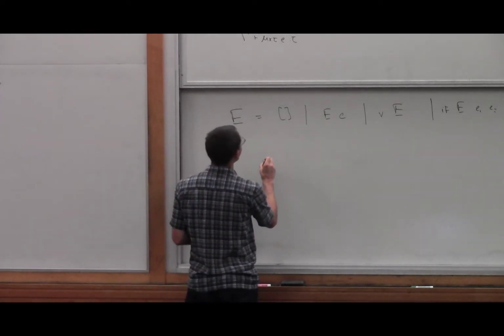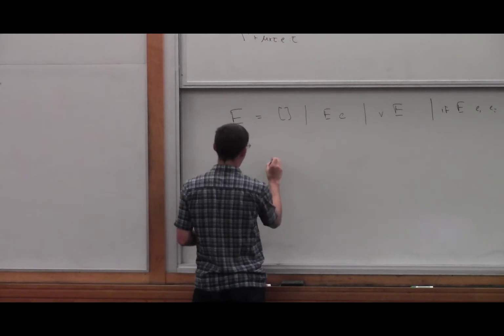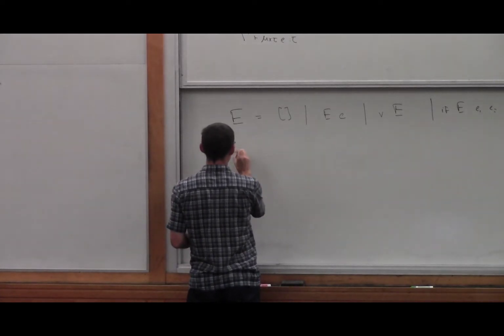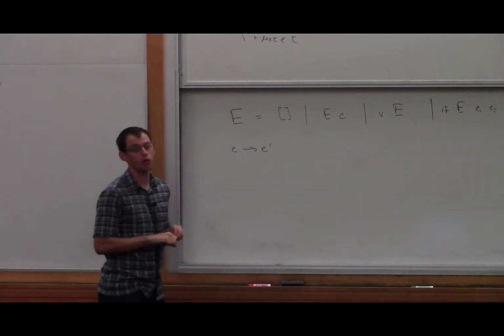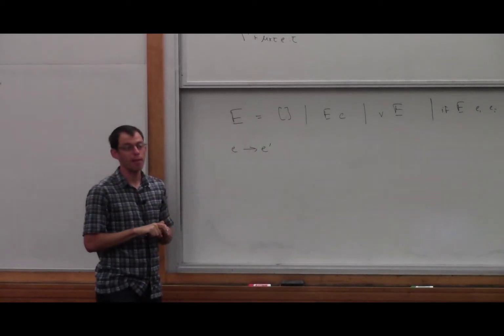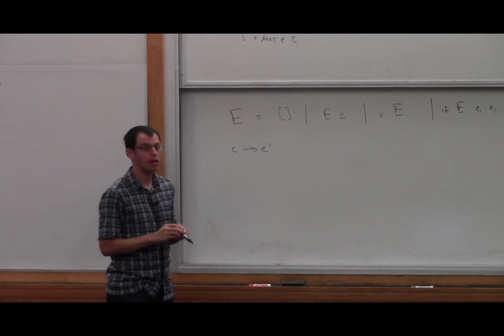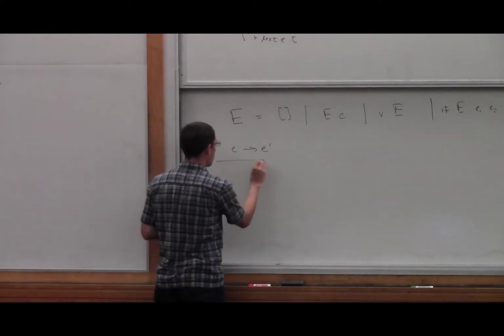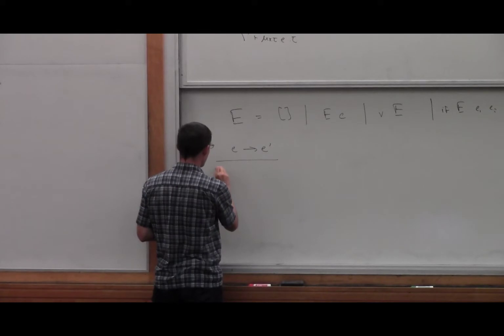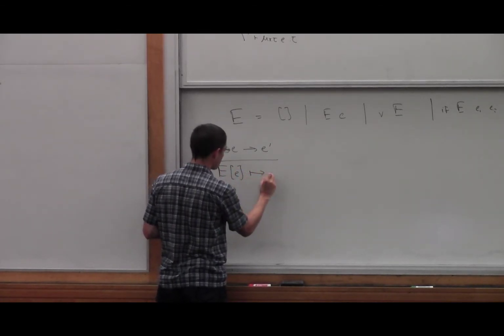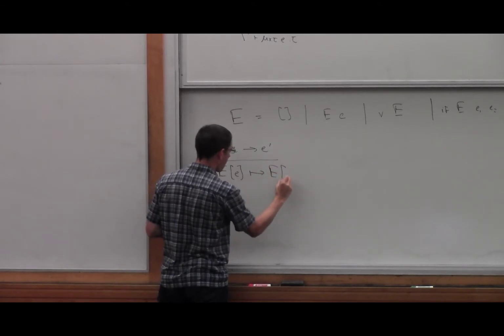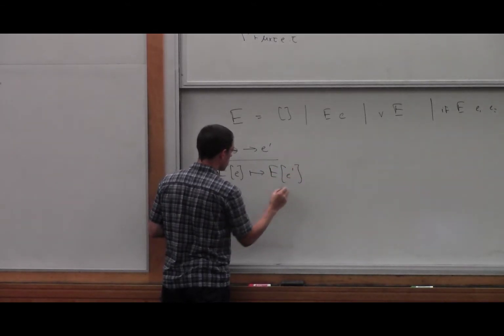So we will say that we have a rule, an arrow that goes from E to E prime, and then we're going to define a different arrow.